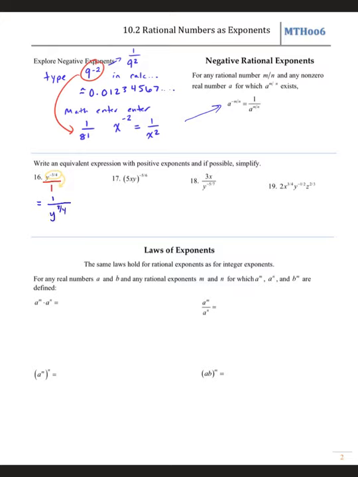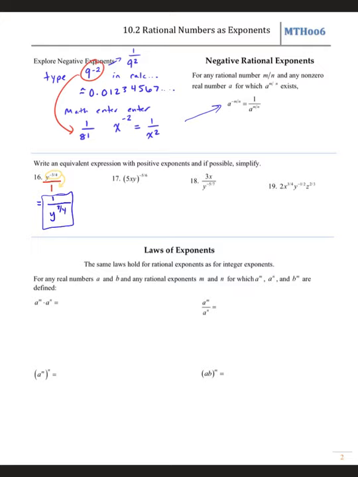And for the sake of this, we're just practicing with the negative exponent, so we're going to just leave it like that for now. The instructions here also say, if possible, simplify. But in this case, we're not going to be able to simplify it. Only if we have an integer as a base would we be able to try to simplify these.